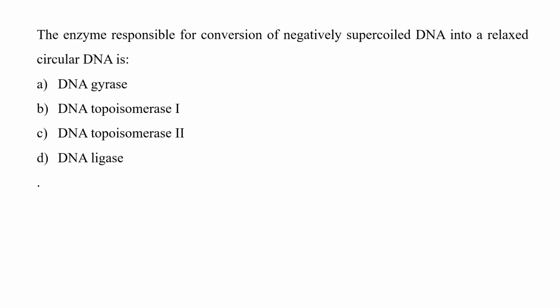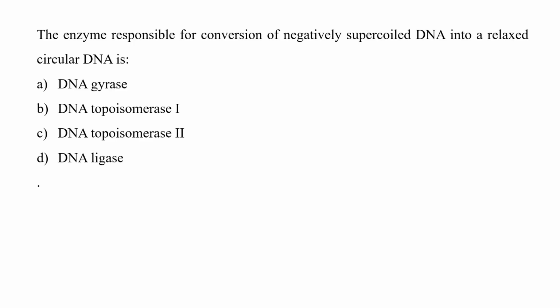The enzyme responsible for conversion of negatively supercoiled DNA into a relaxed circular DNA is DNA gyrase, DNA topoisomerase 1, DNA topo 2, or DNA ligase. Generally, topoisomerase 1 introduces a single-stranded break in duplex DNA and removes supercoiling to the relaxed state.